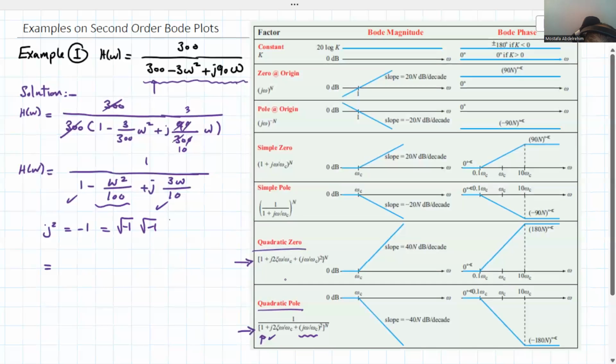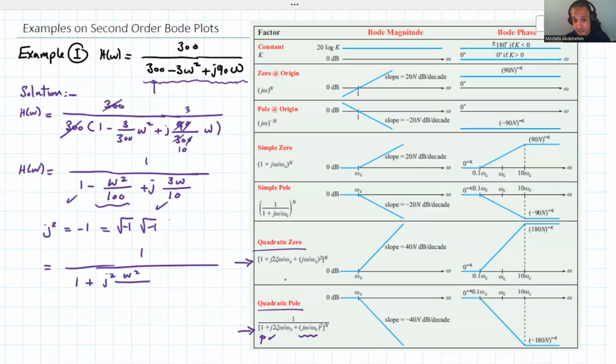So this can be written as 1 over 1 plus j square omega square over 100, and the 100 can be 10 multiplied by 10, or 10 square, plus j 3 omega over 10.